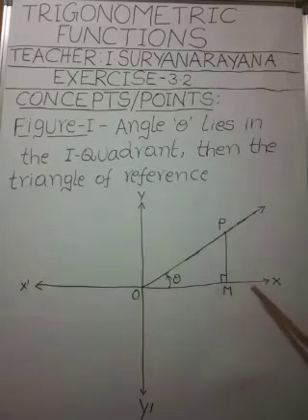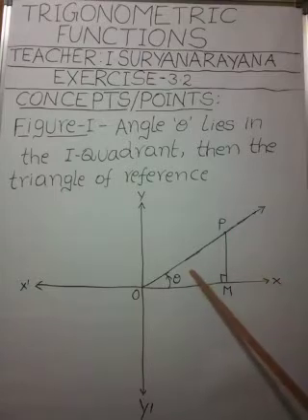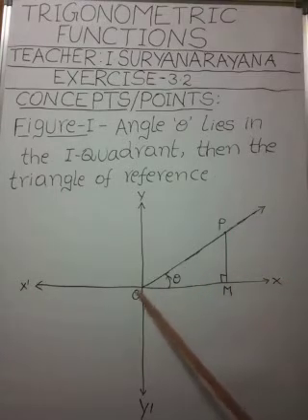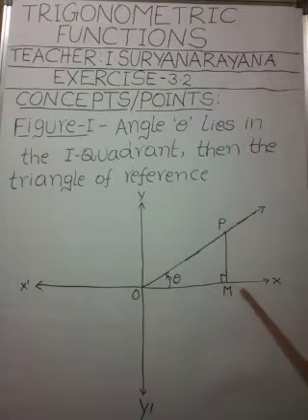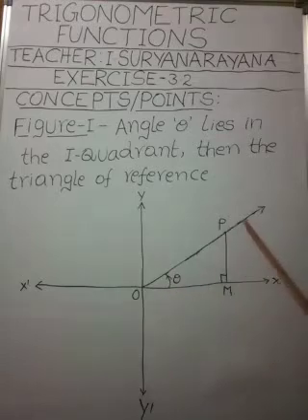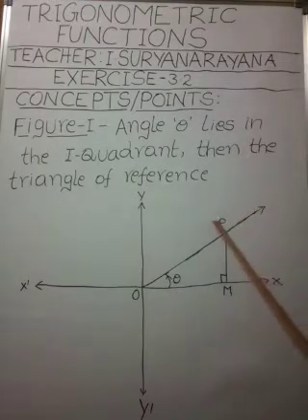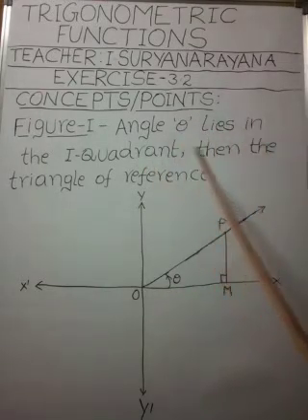OM is the initial side of angle theta, and OP is the terminal side. If we observe here, the vertex of this angle is the origin, the initial side is the positive x-axis, and the terminal side lies in the first quadrant. Then we say that theta lies in the first quadrant.